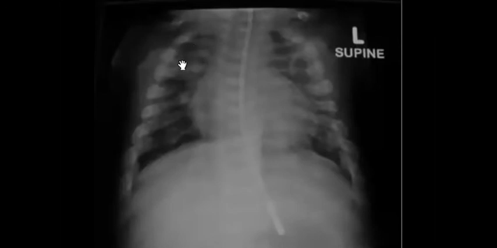But you can also mention that there are multiple rib fractures of different ages. So multiple rib fractures of different ages, broadened, beaded ribs.